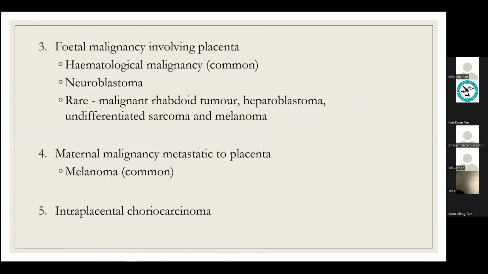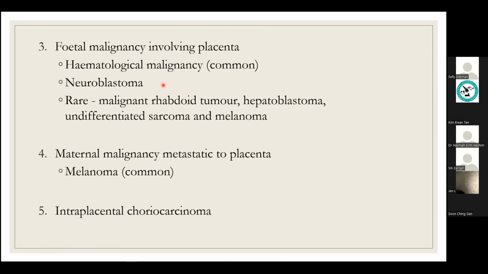Then the other thing is, you can see fetal malignancy involving the placenta. Usually it will be congenital leukemia. That's the commonest, followed by neuroblastoma. Still rare, but this is the order.